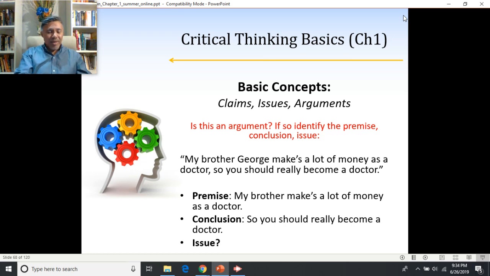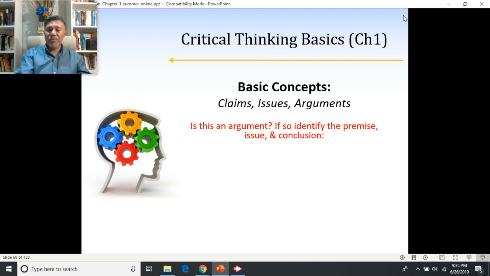The issue, as we defined it last time, is just the question of whether or not the main claim is true. So the question that's being answered here is, should you really become a doctor? And in this case, somebody is making an argument that yes, you should become a doctor. So the issue is, should you?